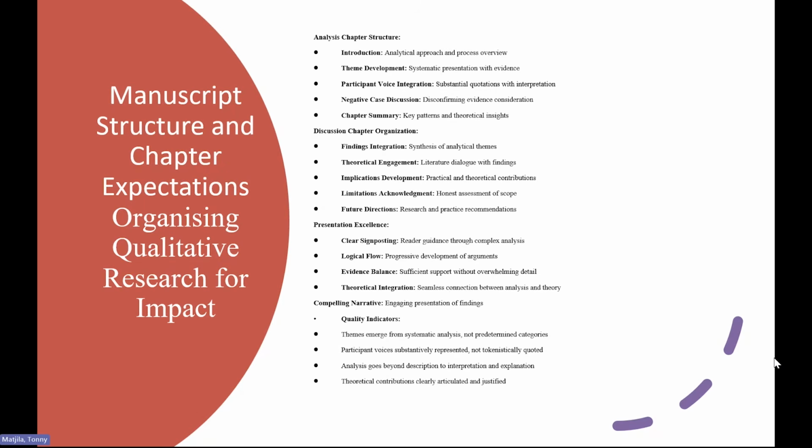Also acknowledging the limitations while maintaining confidence in the contribution is very important. So you can see that quality presentation requires clear signposting for readers, so that they can navigate through the complex analysis that you have done.